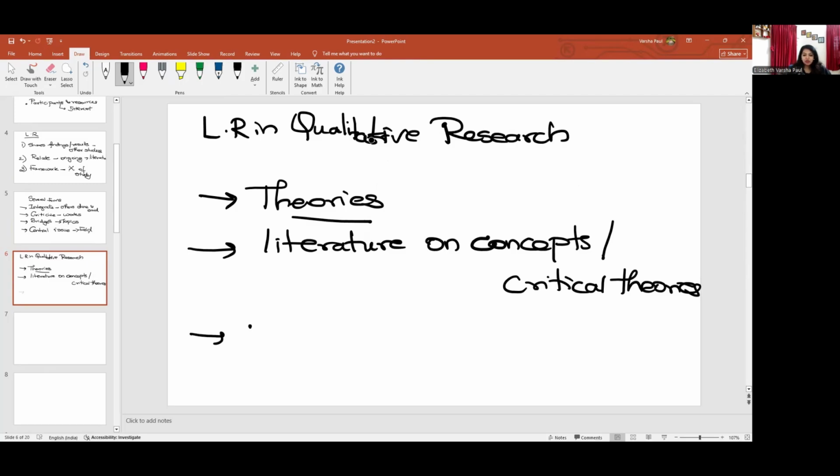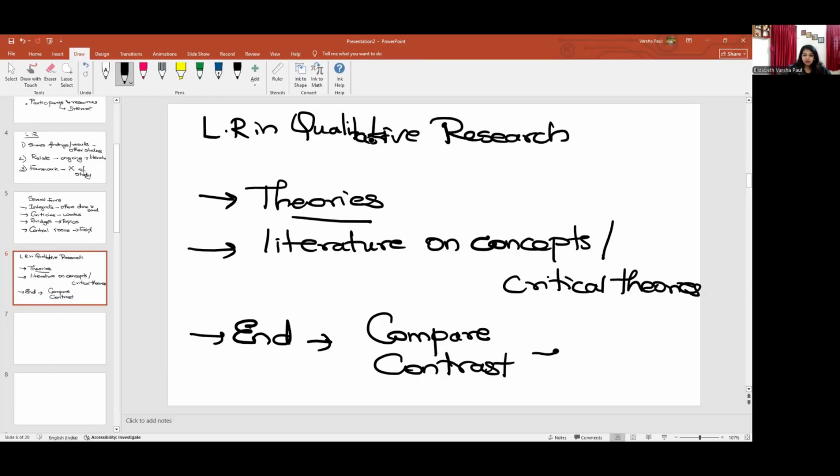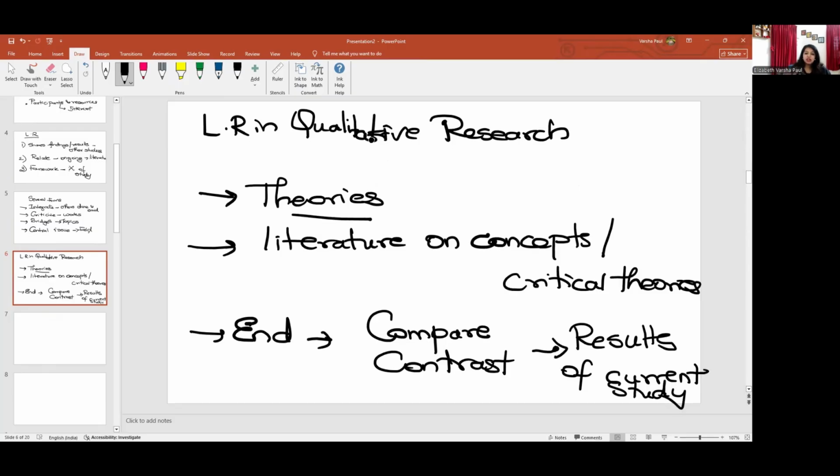And usually at the end of the paper, they generally compare and contrast with the results of your current study. So this is how the literature review works in qualitative research.